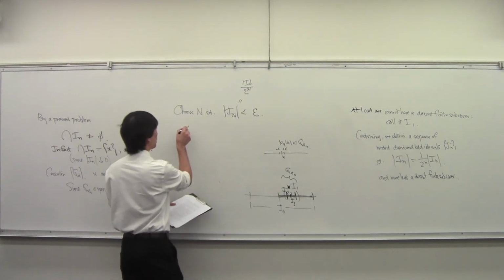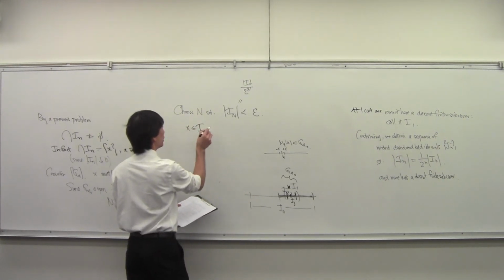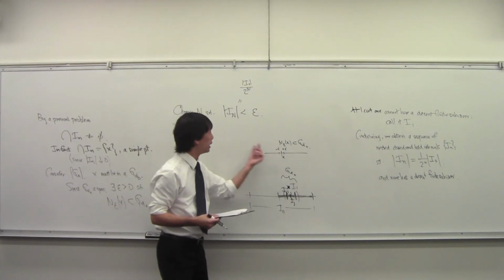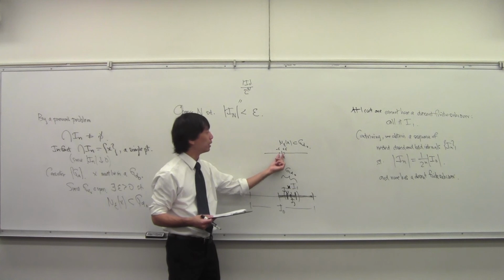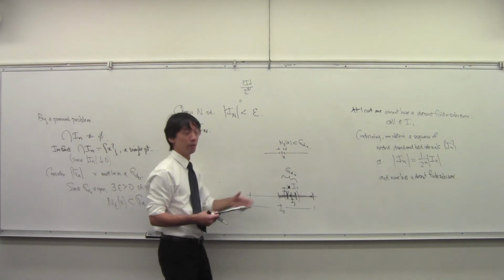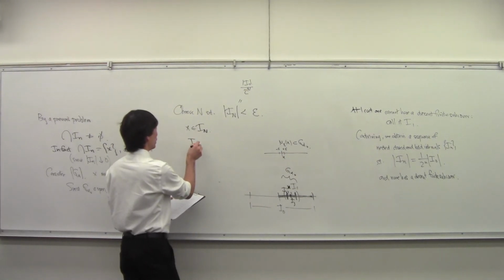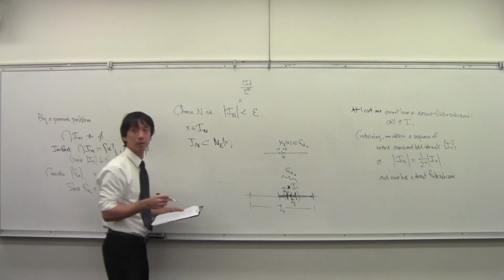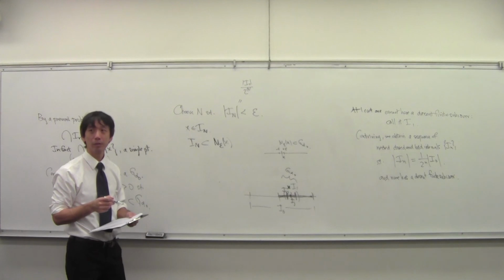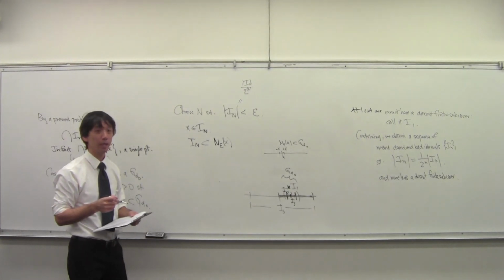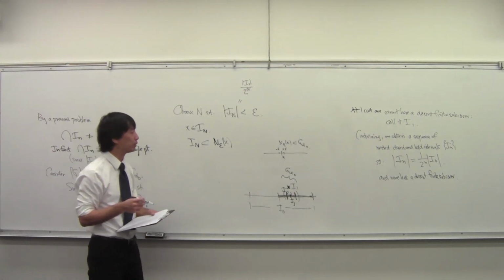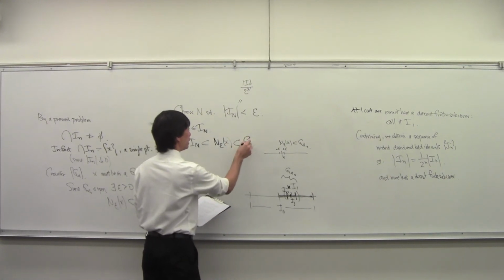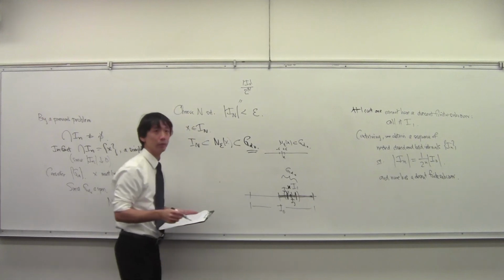But then x lies in I sub n, and the length of I sub n is smaller than epsilon. So that I sub n lies inside of the epsilon neighborhood. But that epsilon neighborhood lay inside of one of the G alphas.